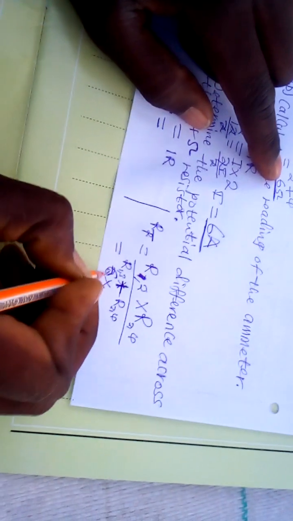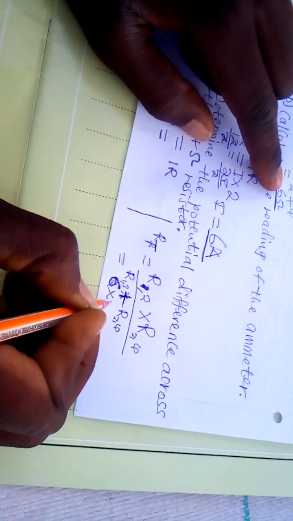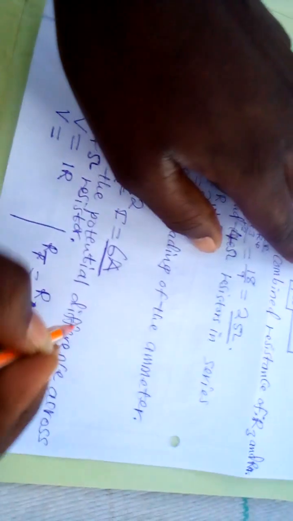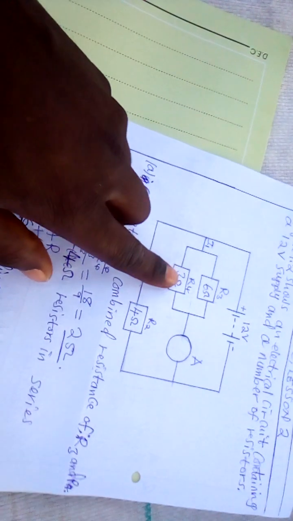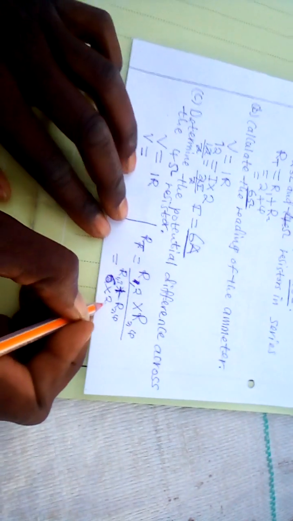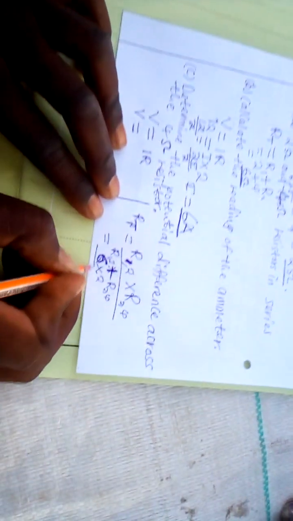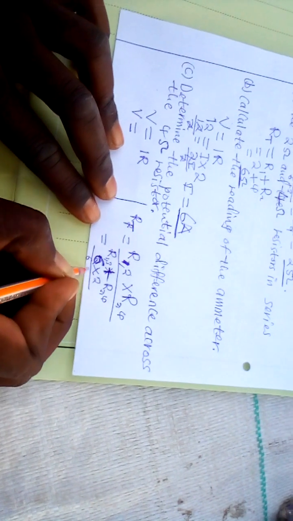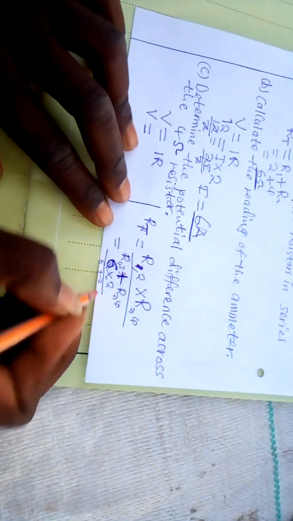So we say 6 times R3,4, the value is 2, over 6 plus 2.